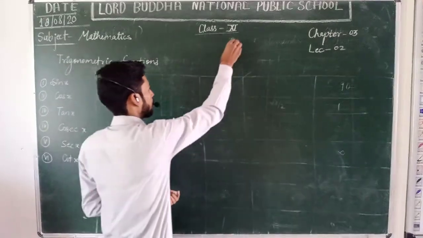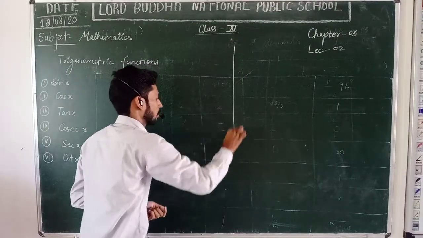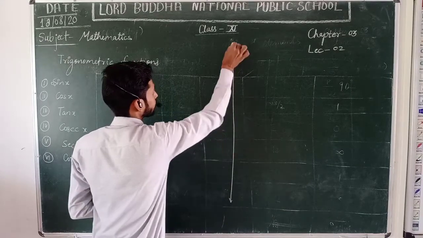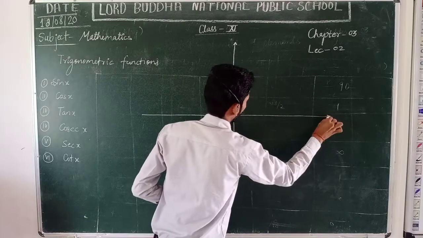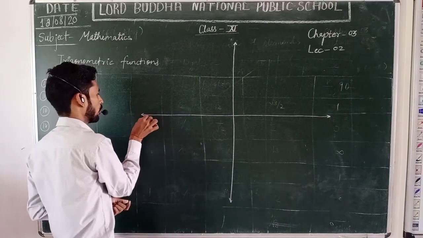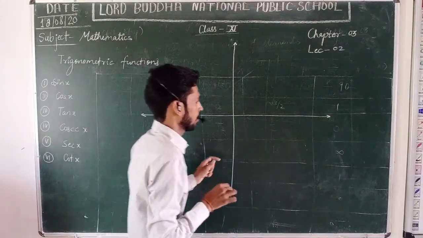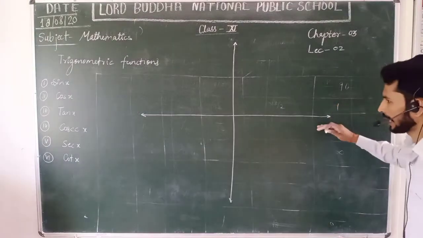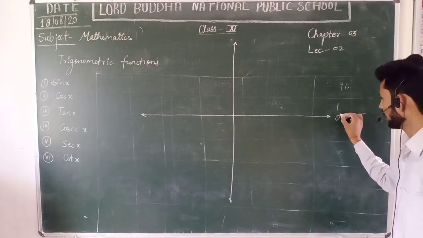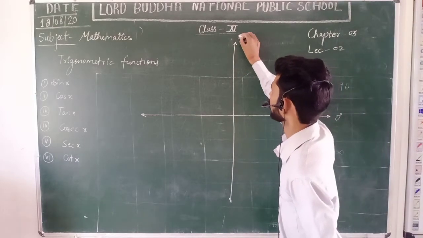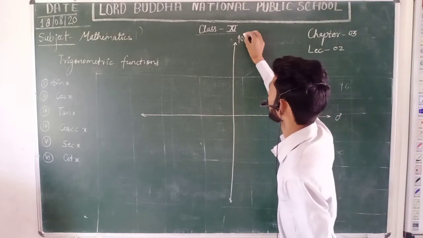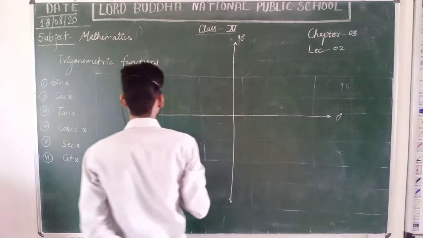Suppose that there is a vertical line and it is intersected by another horizontal line. Then this line will be at 0 degree. This is the perpendicular, so this line will be at 90 degree.